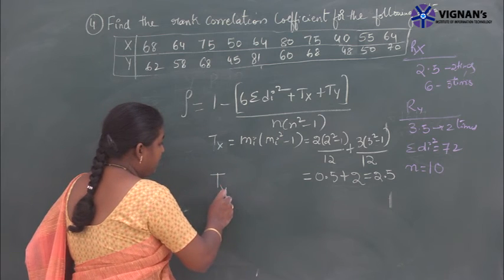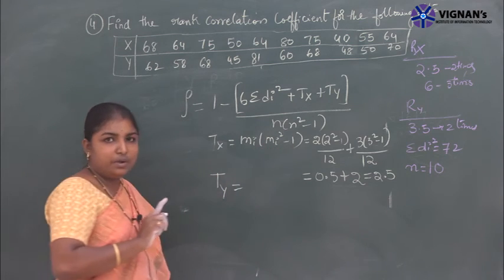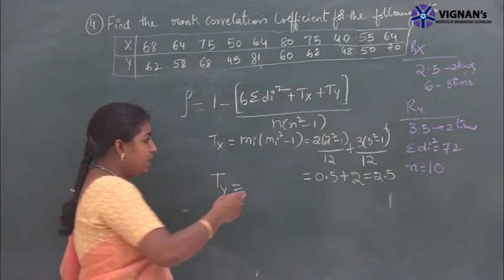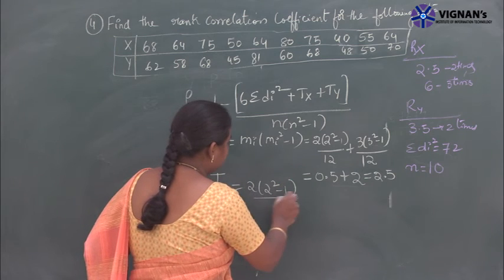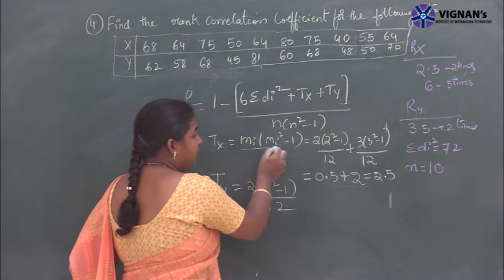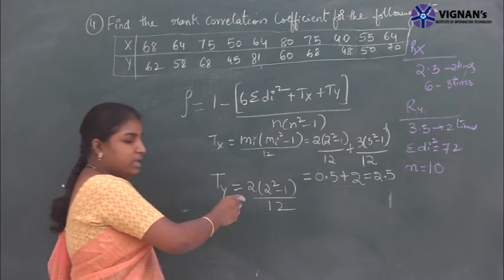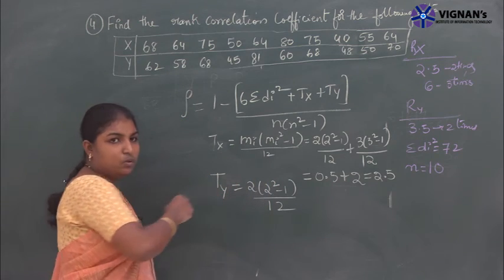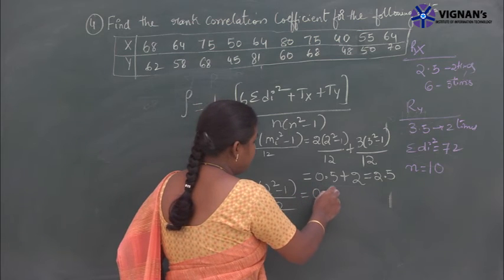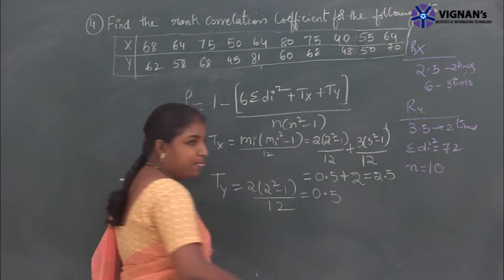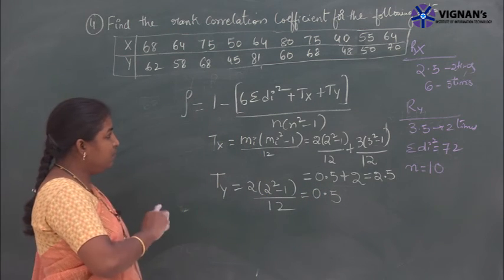So ty can be written as, only one rank is repeated 2 times. So that can be written as 2 into 2 square minus 1 by 12. Here we are having by 12, I forgot. So ty equals 2 into 2 square minus 1 by 12, and that value is equal to 0.5.